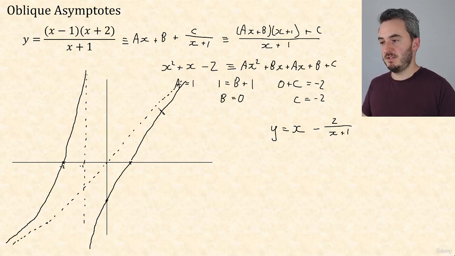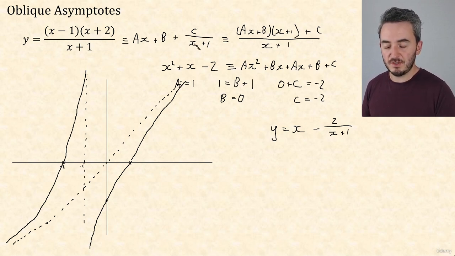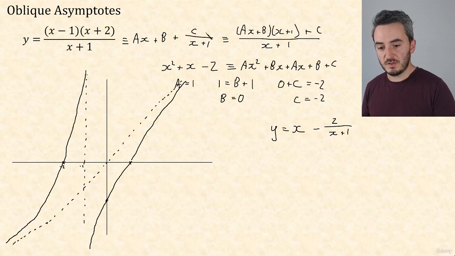So to summarize, we use basically a version of partial fractions to split up our expression into some part with no denominator plus a remainder over a denominator. That's always the bit which disappears to 0 as x tends to infinity, and what you have left is your oblique asymptote.